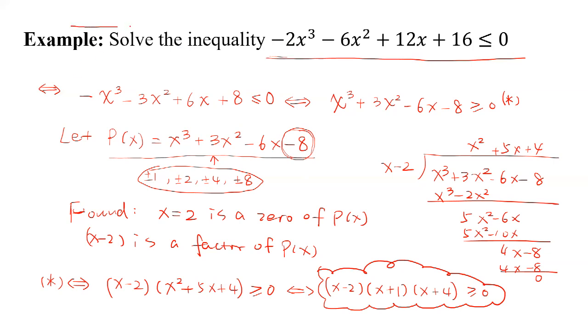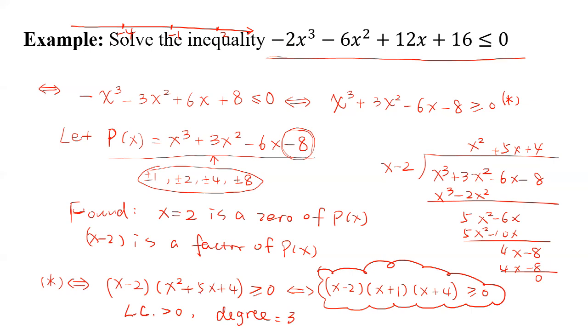Let's draw a sketch of the graph of the function p(x). We have a zero at -4, another zero at -1, and another zero at x being 2. Note that the leading coefficient is positive, and the degree of this polynomial is 3.